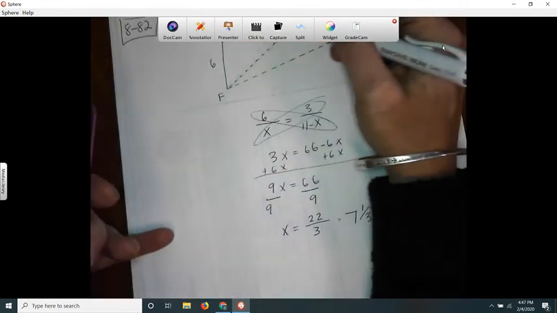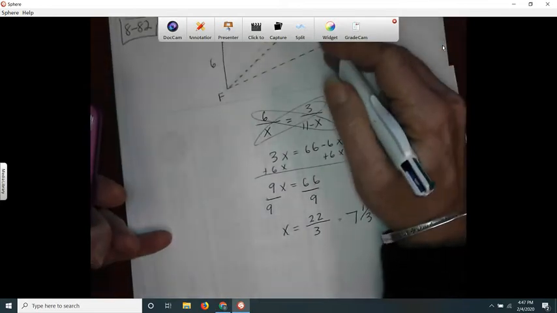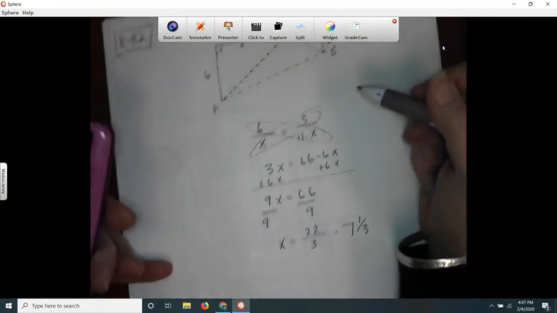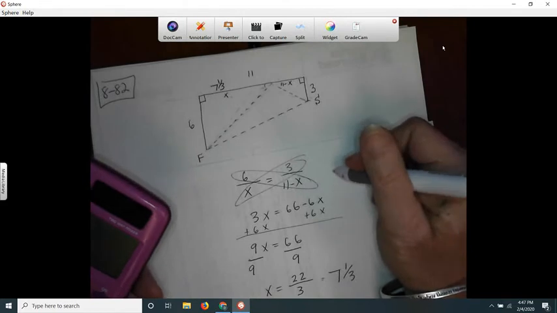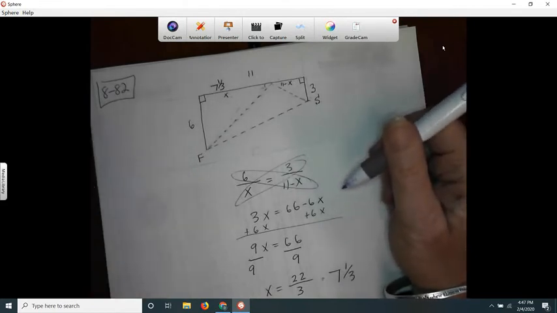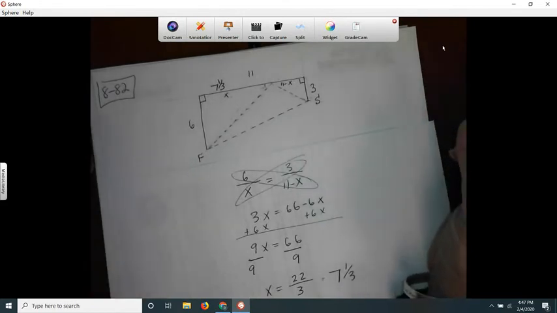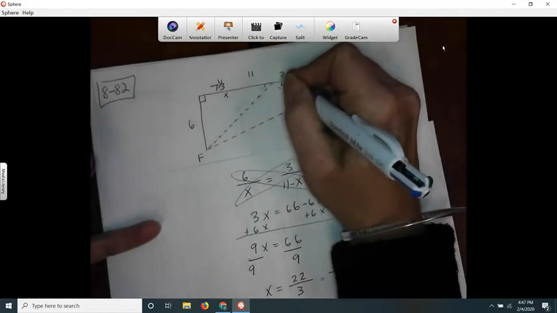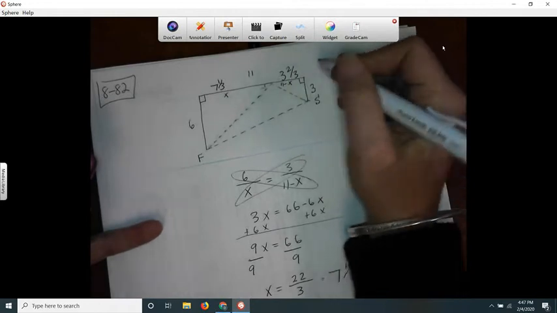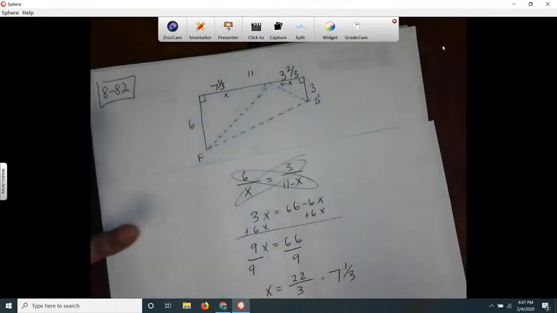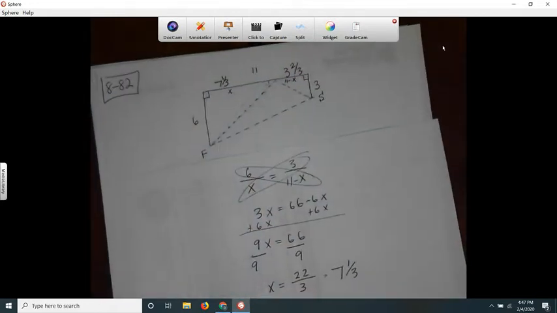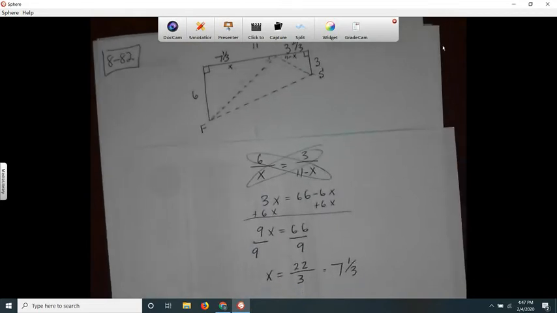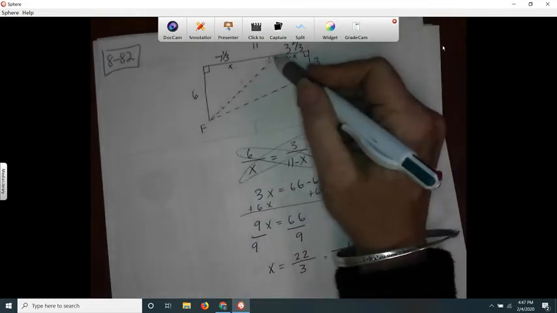And so what's this side? Well, it would be whatever 11 minus 7 and 1/3 is. So 11 minus 7 is 4, I think it's going to be 3 and 2/3. So now we have some sides of some triangles, and we can use the Pythagorean theorem to find these two parts.